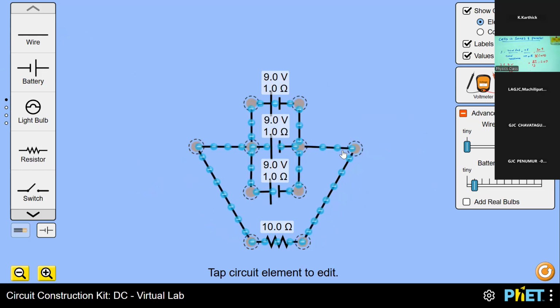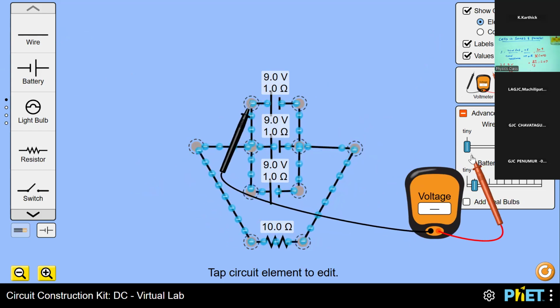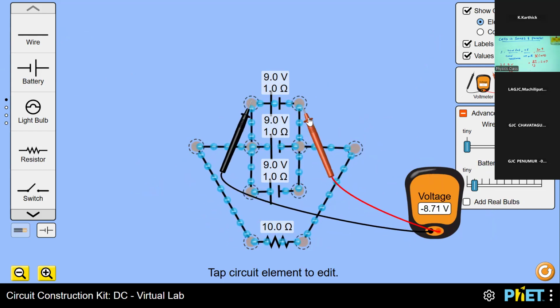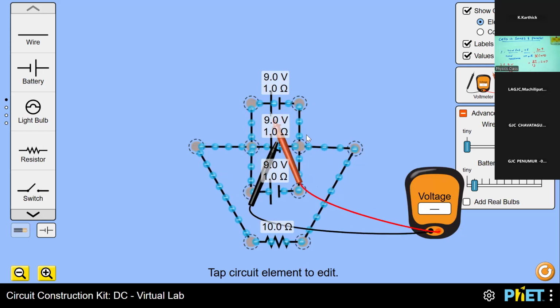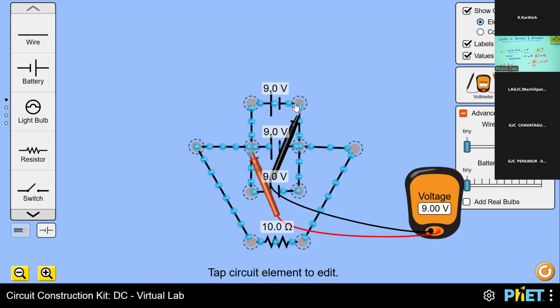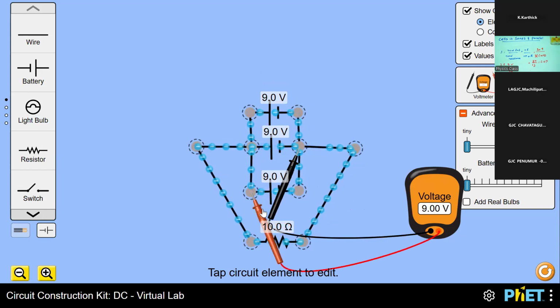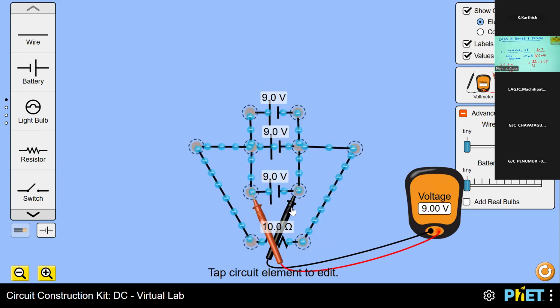Okay. In that case, you can see that potential, that is EMF of 9 volt here, 9 volt, and here 9 volt.